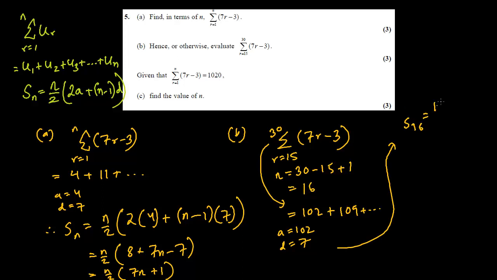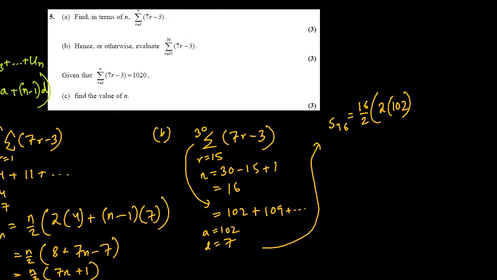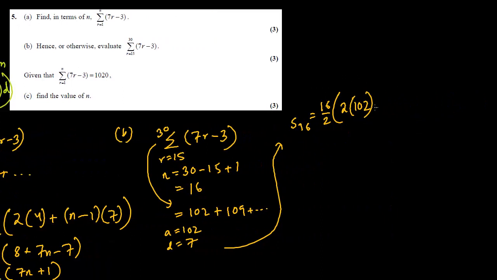S16 equals n by 2, twice a, which is 102, plus n minus 1, which would be 16 minus 1, 15, into common difference, that is 7. So we can write 16 by 2 is 8, 2 into 102 is 204, plus 15 into 7 is 7 5s are 35, 7 1s are 7, so 105.